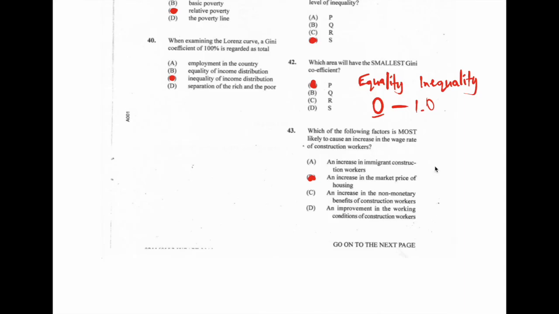So if the price of housing increases, that means that they need more income to buy it. So maybe through some collective bargaining through the trade union, they'd be able to bargain for an increase in wage rates and argue that the standard of living has increased because of the increased market price in housing. So the answer would be B for 43.